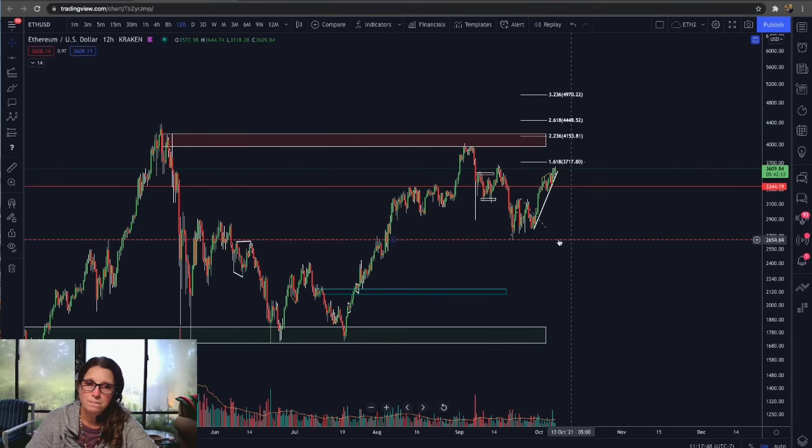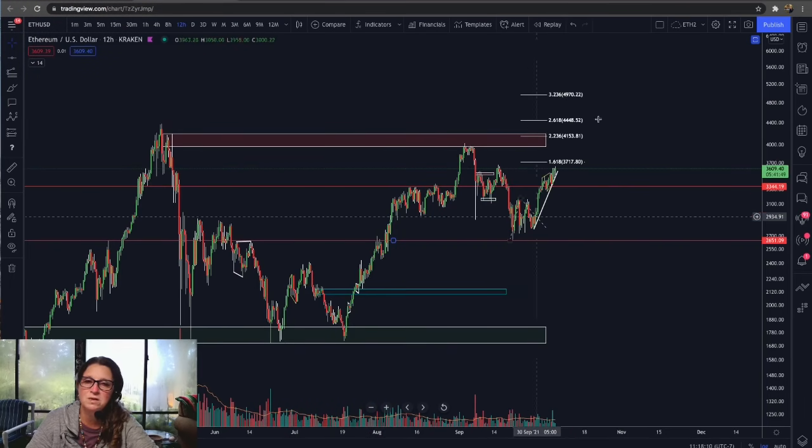Breaking 26, let's see, what was that low? Actually breaking, I'll just leave it there. Yeah, that's complete invalidation. So breaking 2650 is going to invalidate this being an impulse wave.